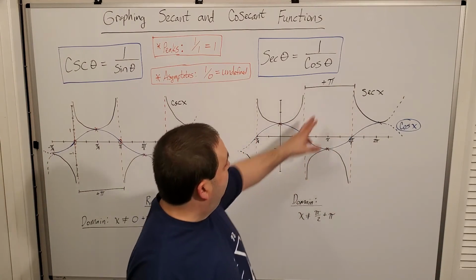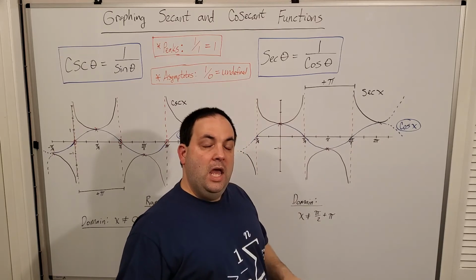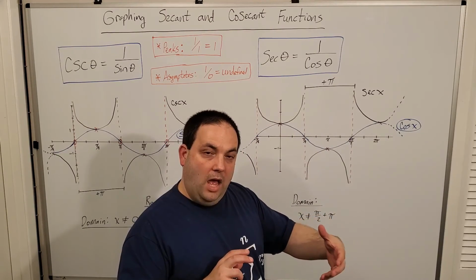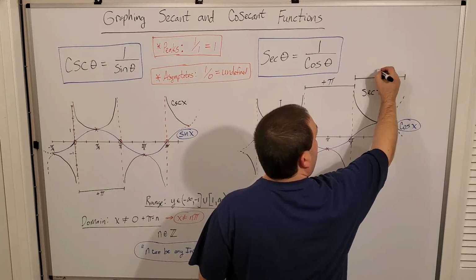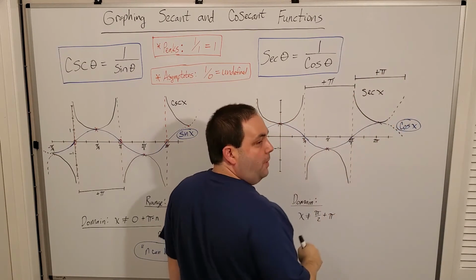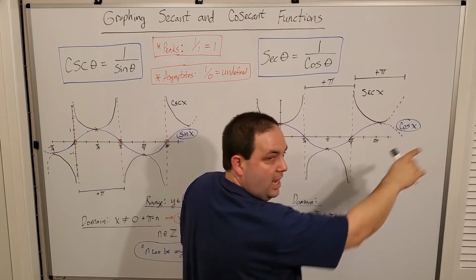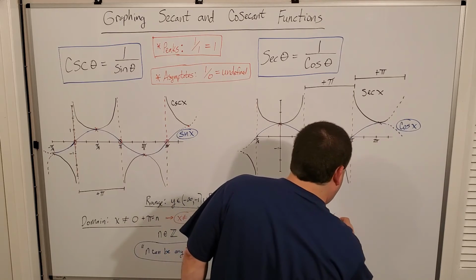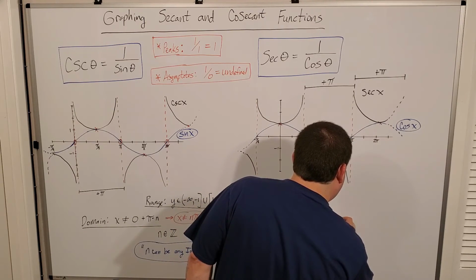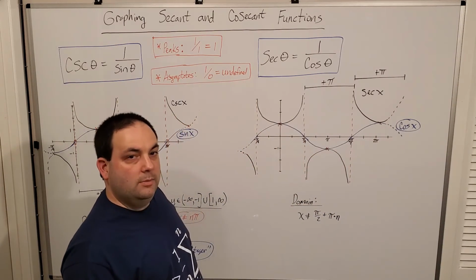But don't forget, the plus pi is actually a gap size, okay? So I could add another one if I wanted to. The next asymptote would be at another plus pi. And I could add another one after that and another one after that. So it's not just plus pi, it's plus any number of pi's. So I say pi times n.